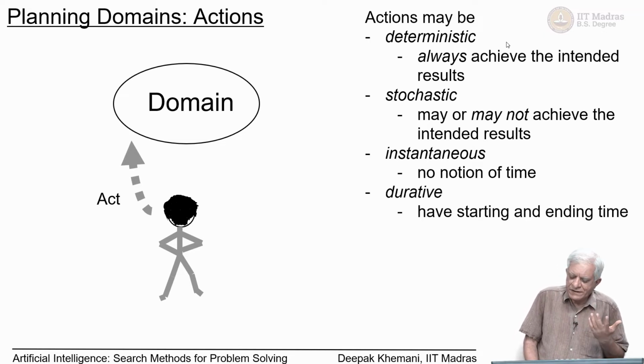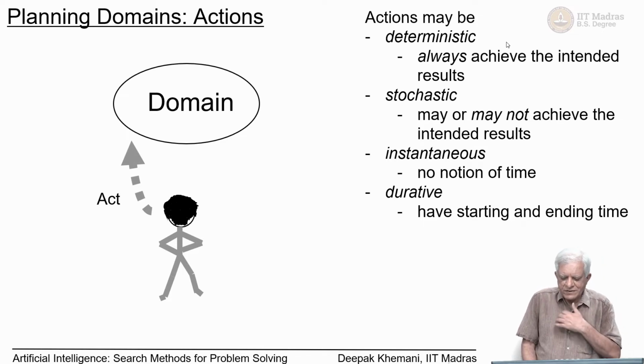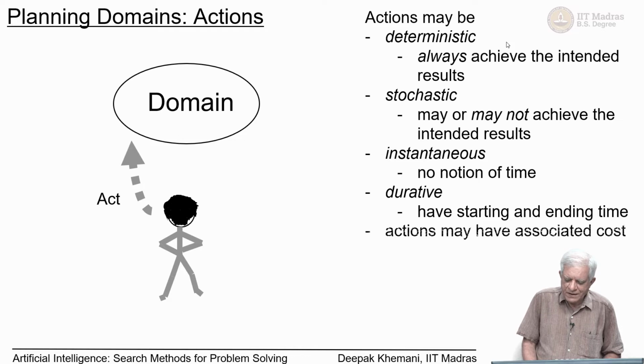But in the real world, of course, actions can be durative, which means they have a duration, a starting time and an ending time. If you are boiling water for making a cup of tea, that takes a certain amount of time, and planning with durative actions is, as you can imagine, harder than planning with instantaneous actions. We will stick to instantaneous actions in our course here.